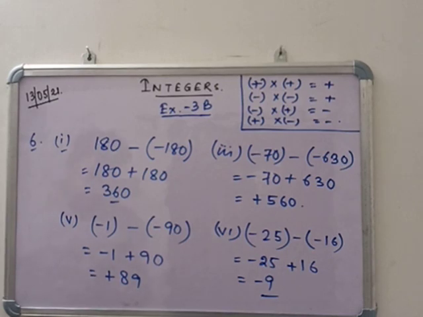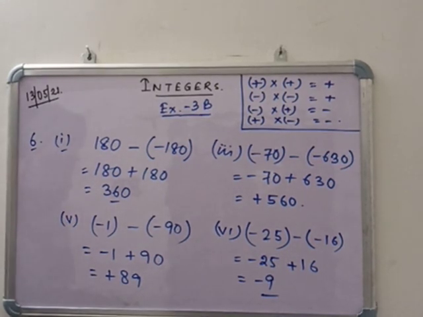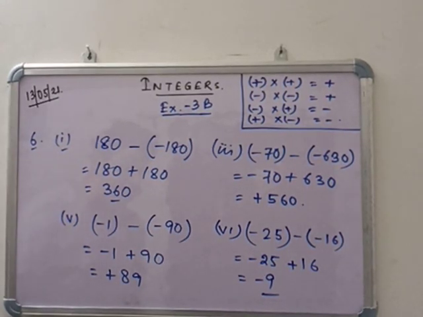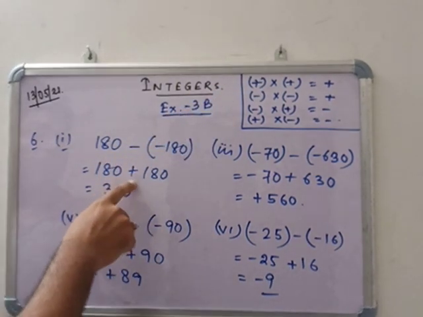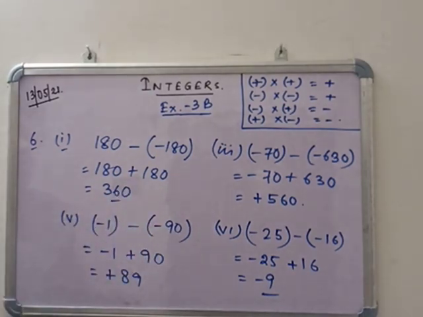In number 6, minus 180 from 180. That means you have to subtract minus 180 from 180. So 180 minus minus 180 means 180 plus 180. Minus into minus is plus, so plus 180. So this is 360.